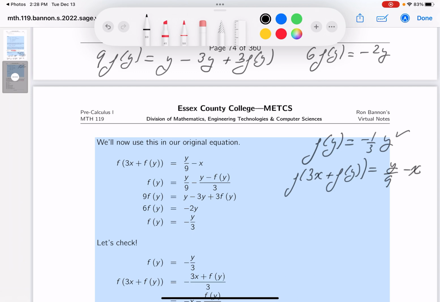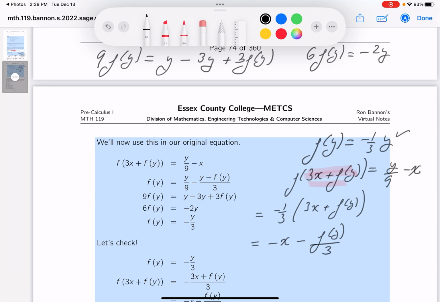So I'm going to take minus 1/3 of that argument there. That doesn't look bad to do, by the way. What are you going to get? Well, minus 1/3 of the argument, and the argument's 3x plus f of y. And what would that give me? That would give me minus x minus f of y over 3.